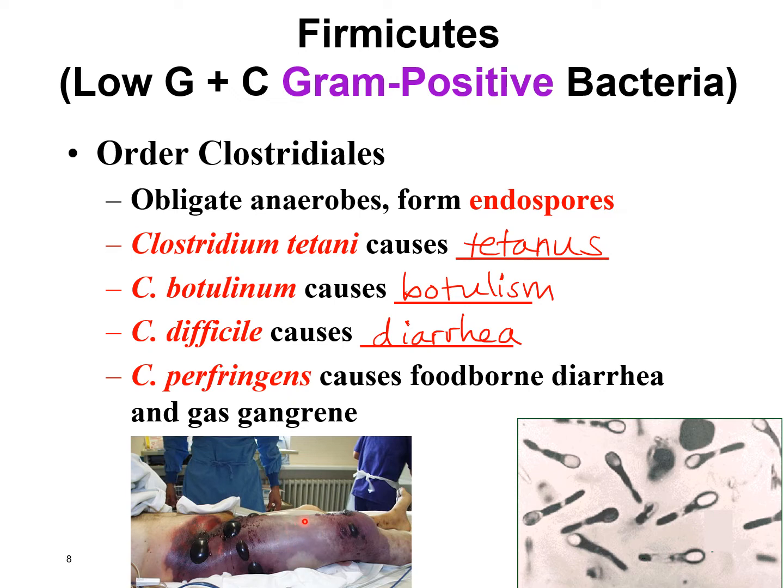And it starts producing a toxin, and that starts killing off a lot of the tissue, and yeah, things get pretty ugly here. So it produces what's called gas gangrene.